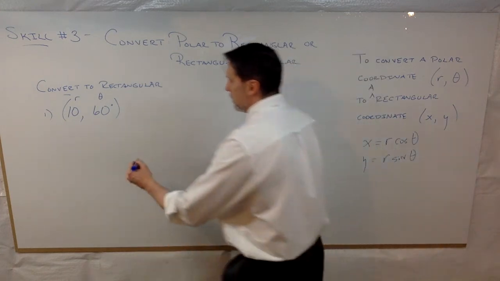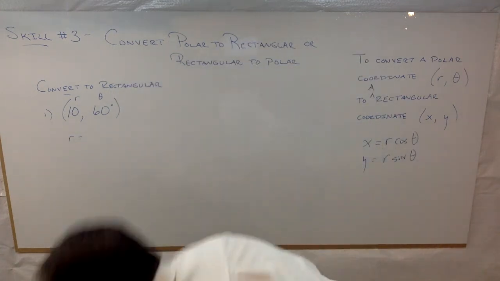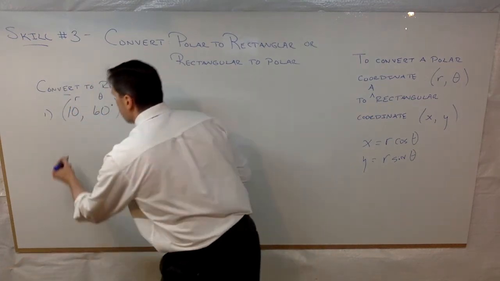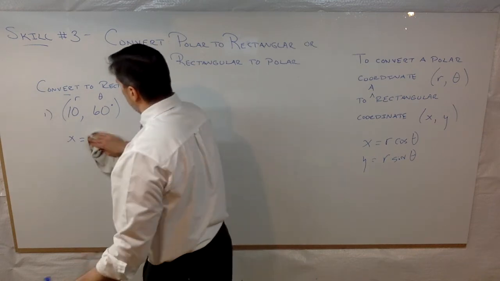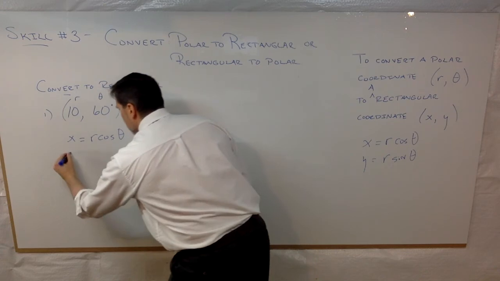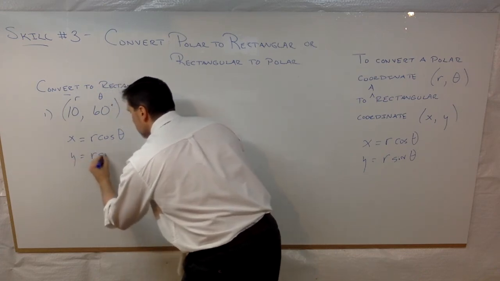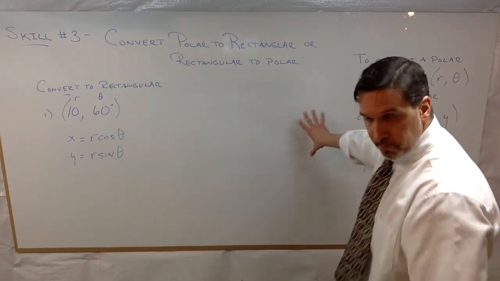All right, well, the idea is x is equal to r cosine theta. Your y is equal to r sine theta. Like I said, leave a lot of space horizontally.